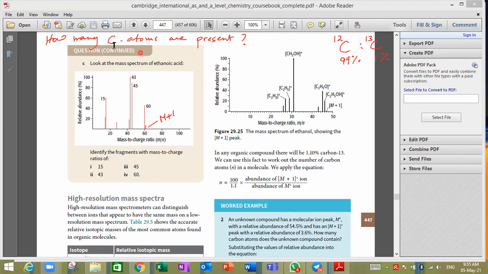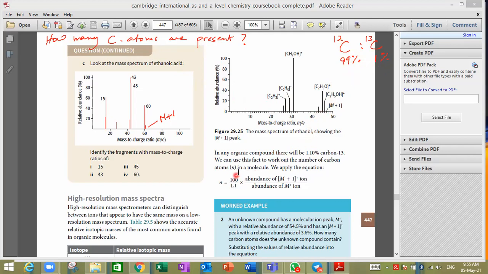So how do we calculate the number of carbon atoms in a certain molecule from the molecular ion peak and its percentage abundance, and the M+1 peak and its percentage abundance? As we said, the percentage abundance of carbon 12 to carbon 13 is 99% to 1%.